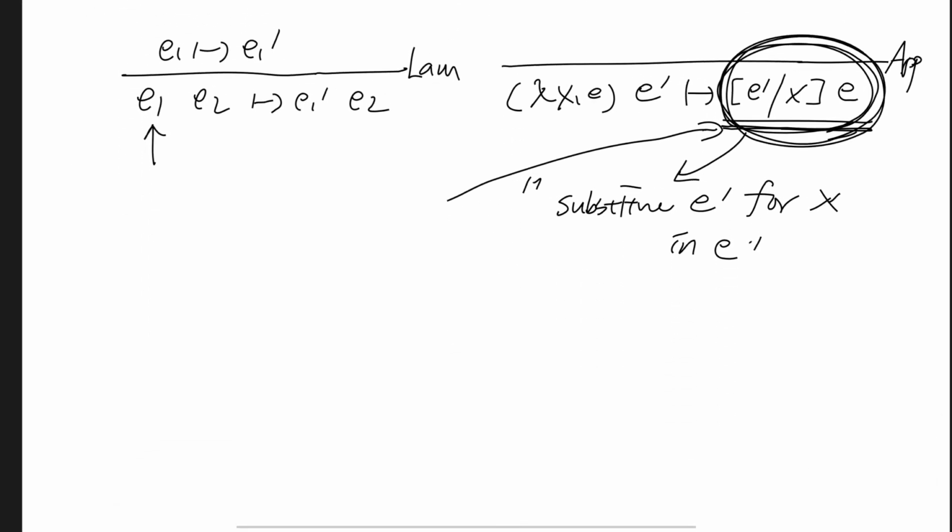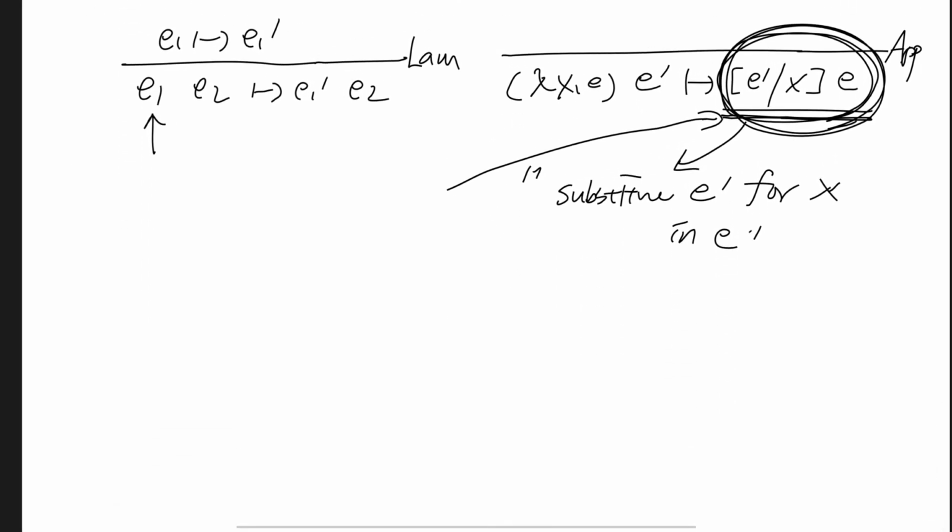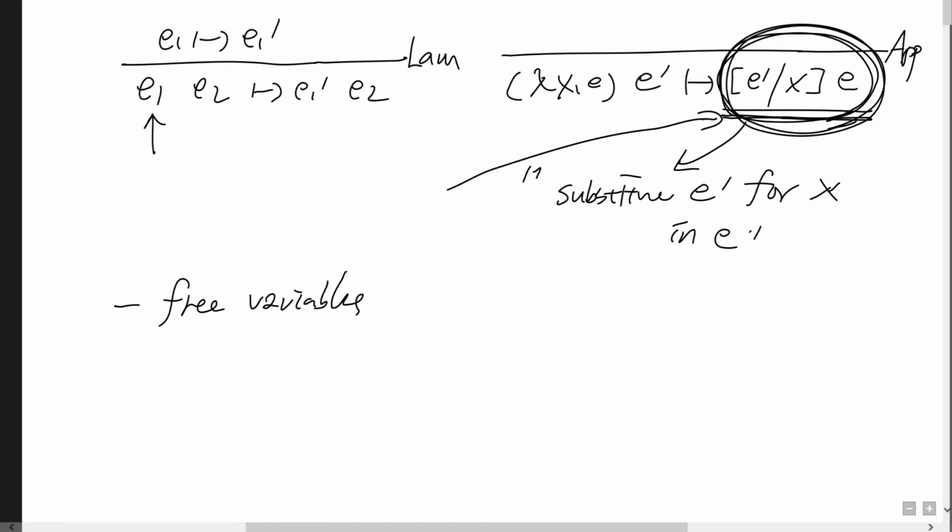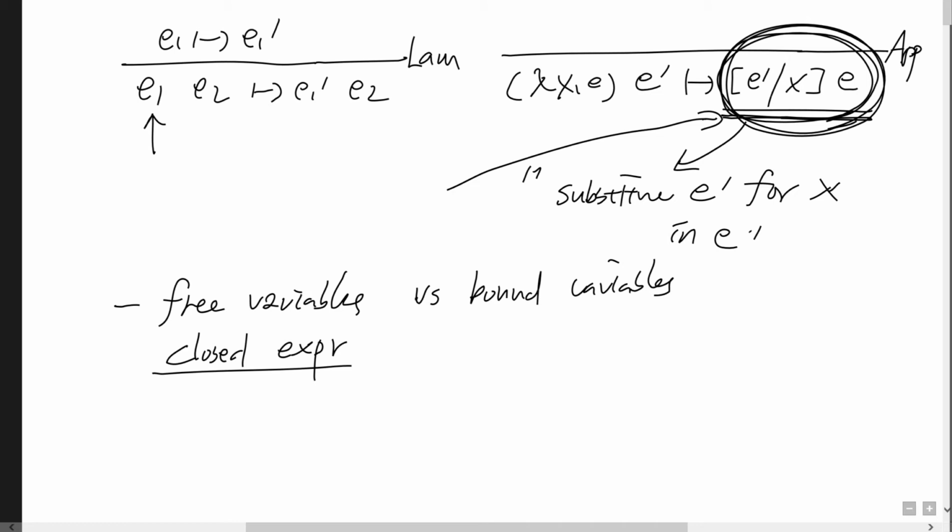So in order to define this substitution operation, we will need several new notions. First, free variables as opposed to bound variables. And we also learn the notion of closed expression. A closed expression is basically an expression with no free variables.